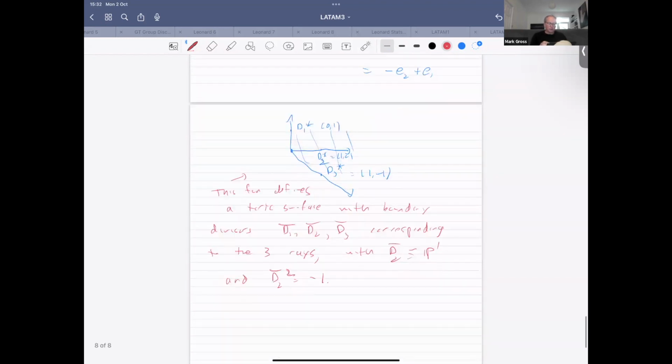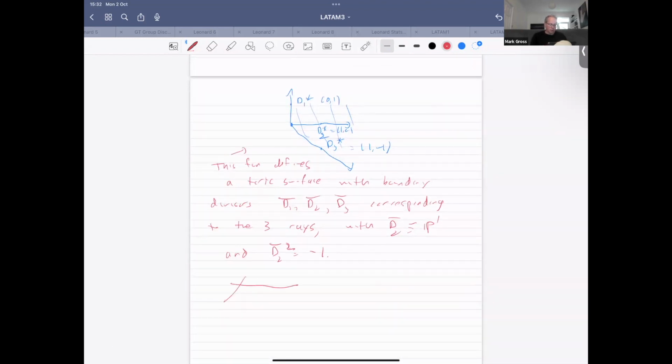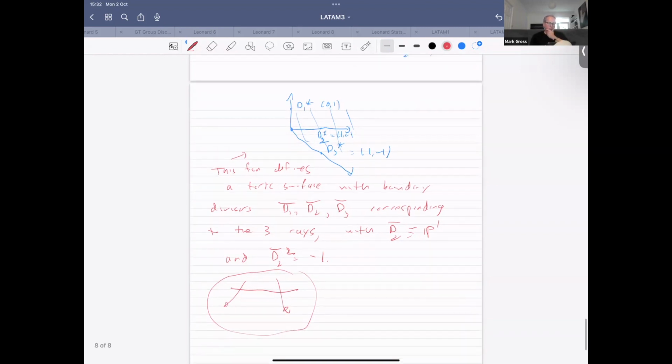This gives you a picture that looks something like this. Inside a surface, you should bear in mind that it's a non-compact surface because it's not a complete fan. But D2 bar, in fact, is a compact curve with self-intersection minus 1.